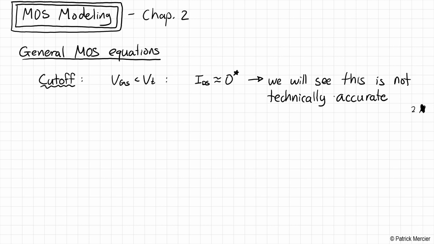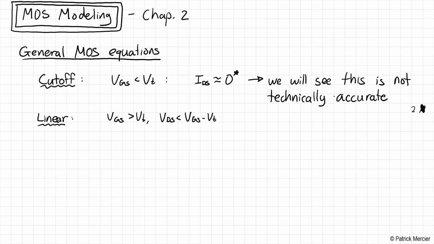The next region of operation is the linear region. Again, this is something that you should all be familiar with. VGS is larger than VT, and VDS is smaller than VGS minus VT.